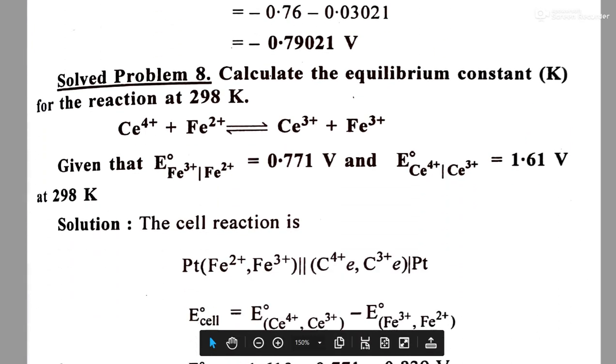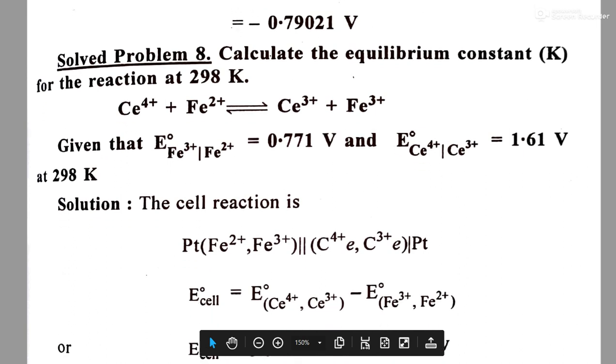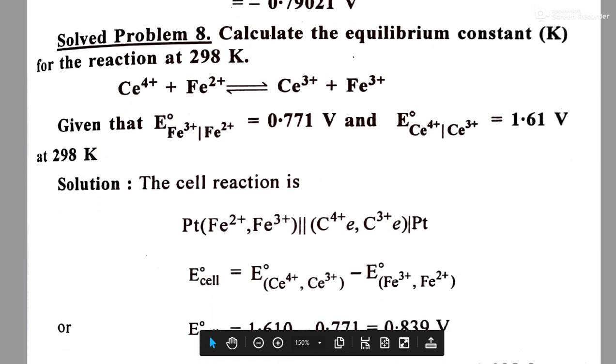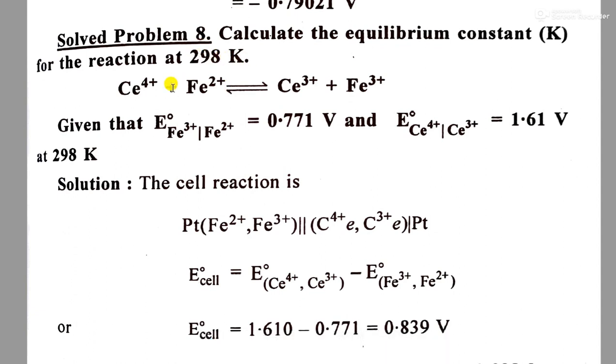Again, in problem 8, calculate the equilibrium constant K for the reaction at 298 Kelvin. So this is the reaction: cerium 4 plus is being reduced to cerium 3 plus, while Fe2 plus is being oxidized to Fe3 plus. Given that the Fe3 plus to Fe2 plus reduction potential is 0.771 volt.